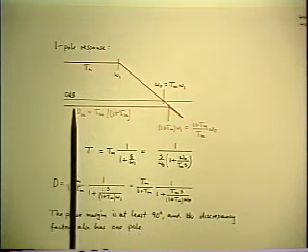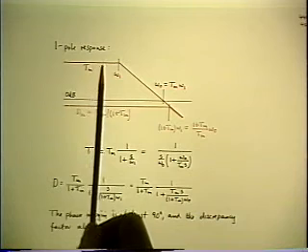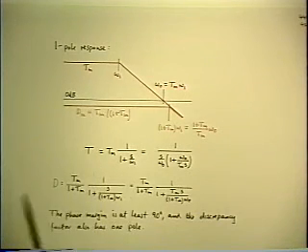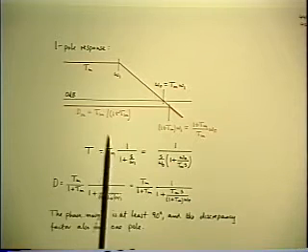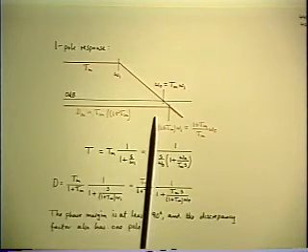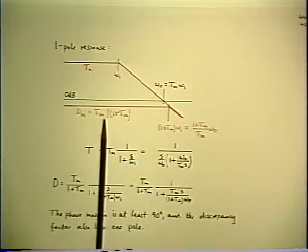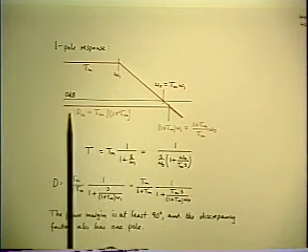The discrepancy factor that corresponds to it is T over F. And we've gone through this construction now a couple of times. And we know the result for D is a line just a little bit less than 0 dB, Tm over 1 plus Tm.